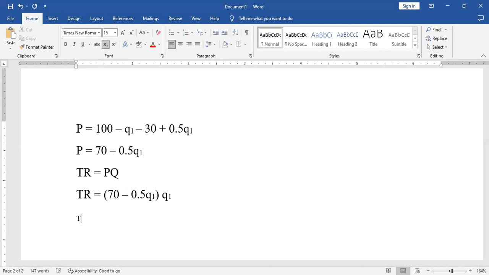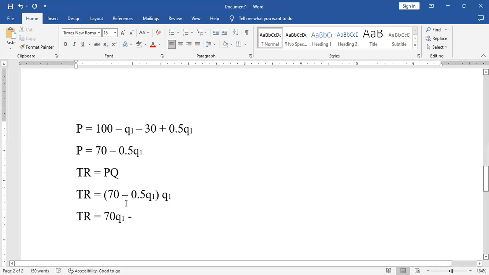Total revenue is equal to 70 Q1 minus 0.5 Q1 squared.